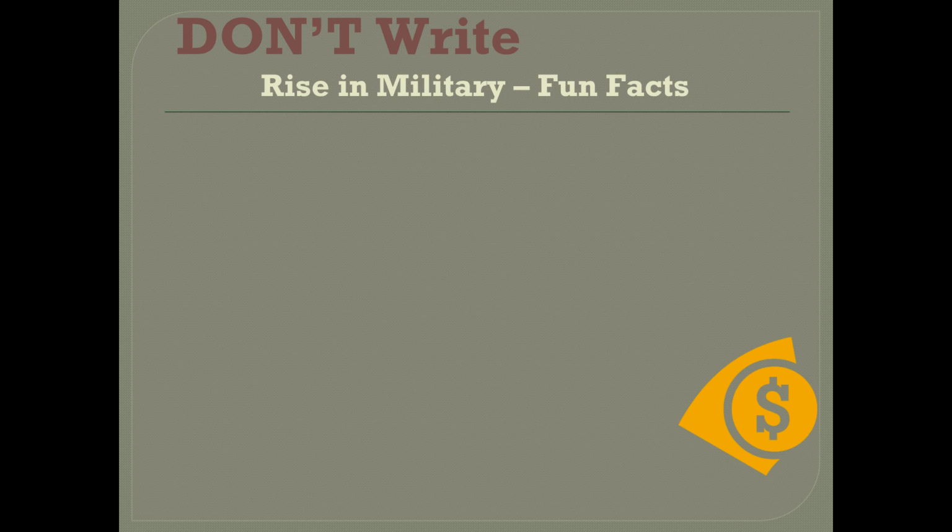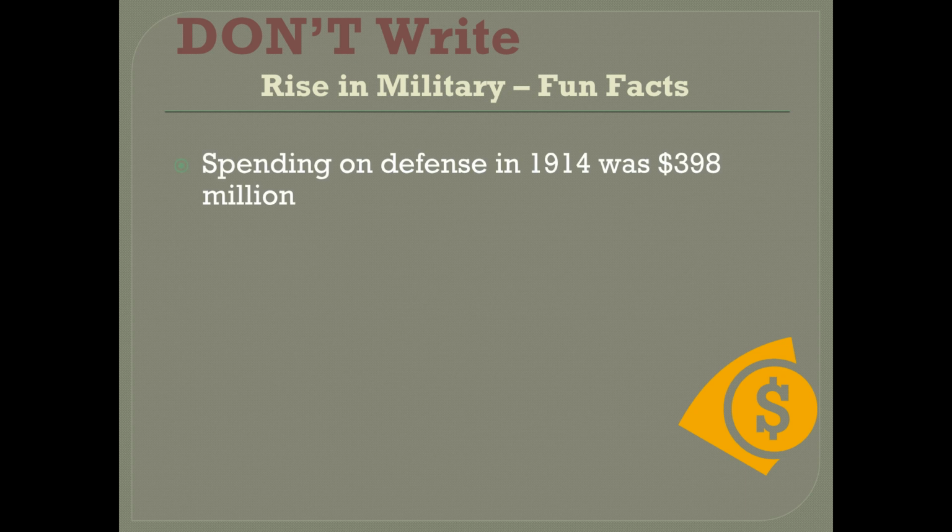So a couple of things you need to keep in mind as the military begins to build. Spending on defense in 1914 was $398 million. That's leading up to the start of the war. The war apparently had been building for many countries, and a lot of these countries were prepping in case it did occur.